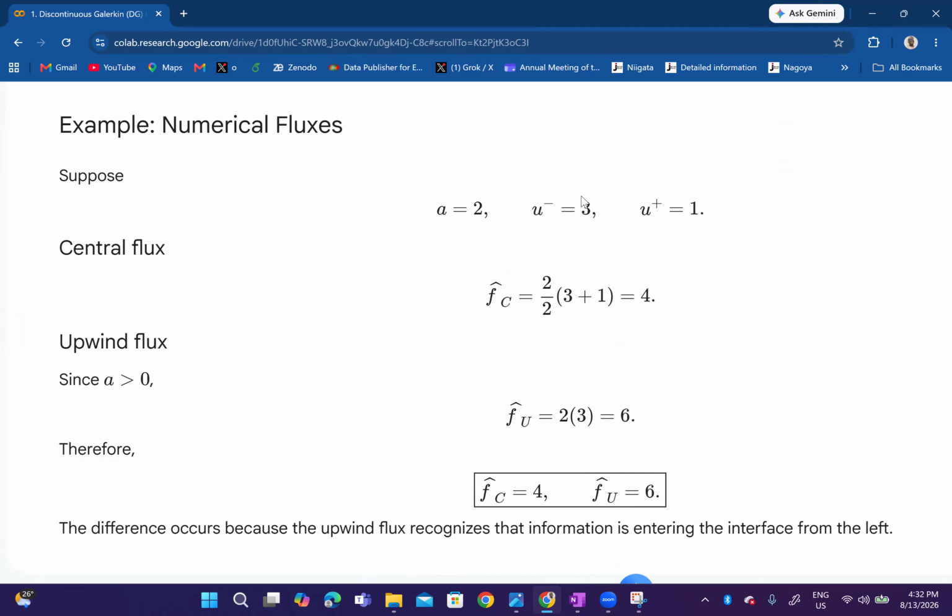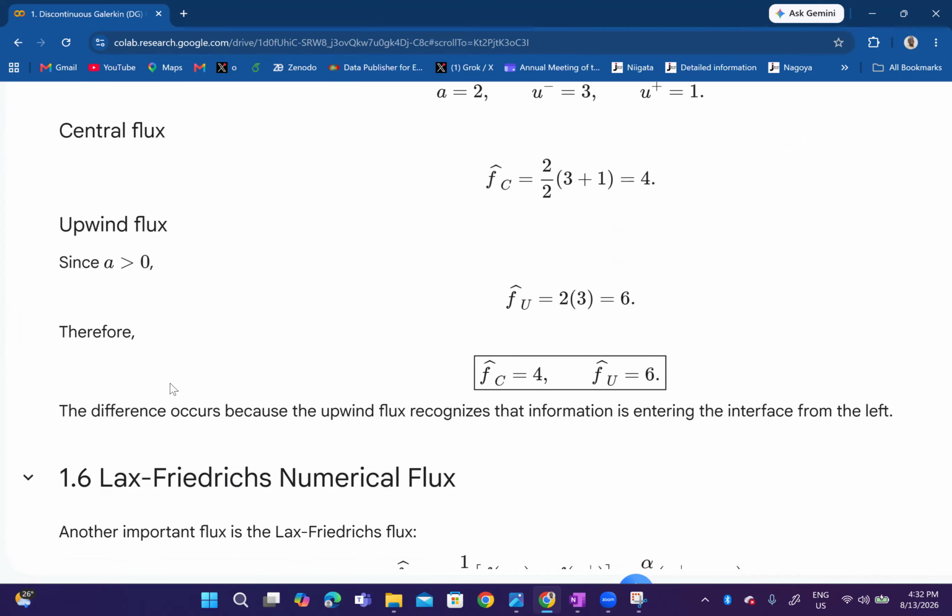Therefore, f cap c is equal to 4 and f cap u is equal to 6. The difference occurs because the upwind recognizes that information enters the interface from the left. That's for a greater than 0 for the upwind flux.